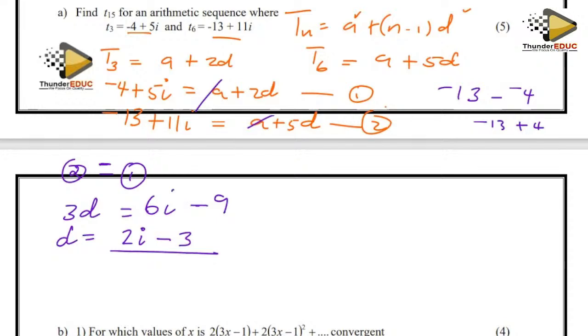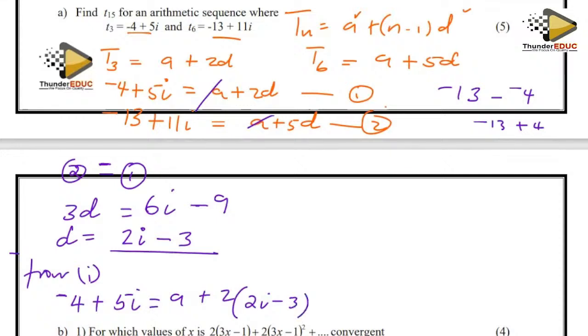Then for me to get my a, I need to substitute this d into one of the equations. Let me use equation 1. So from equation 1, negative 4 plus 5i is equal to a plus 2 times 2i minus 3.